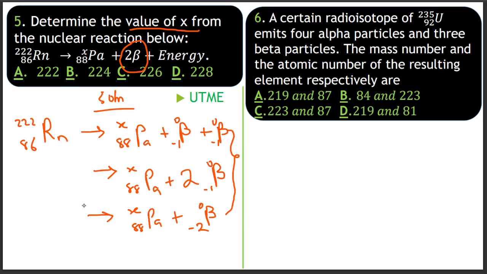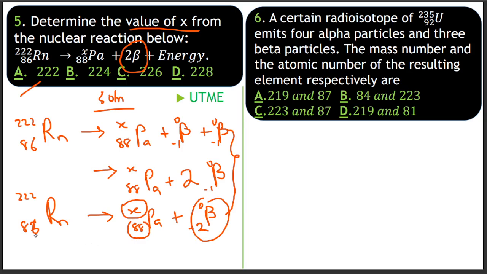All right, so now, we've already seen that the emission of a beta particle does not impact on the mass number. Is that okay? So I already know that X is equal to 222, which is option A. But let's imagine that they asked us to find the proton number, this one.